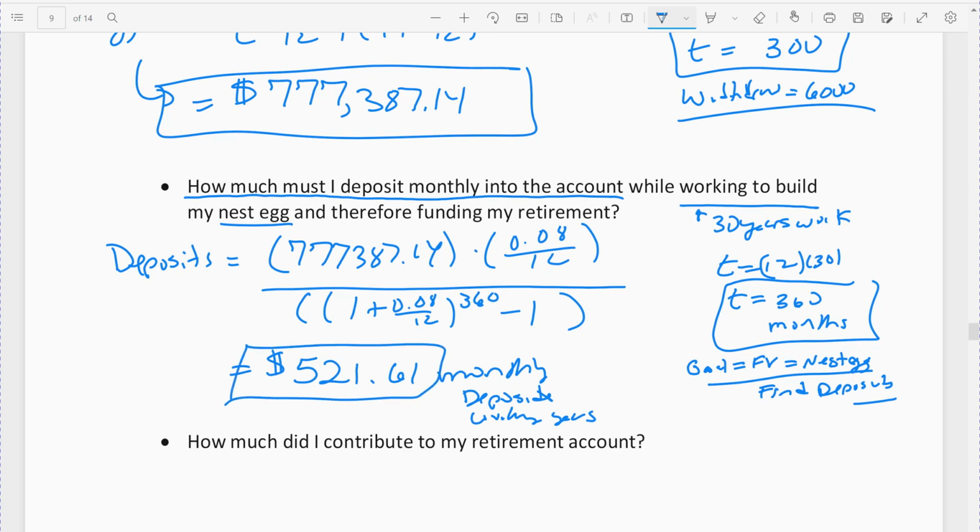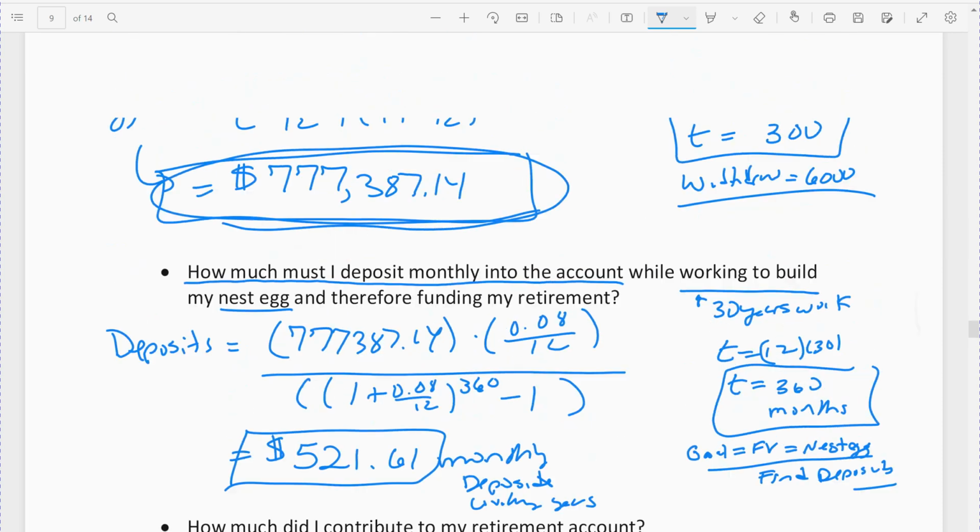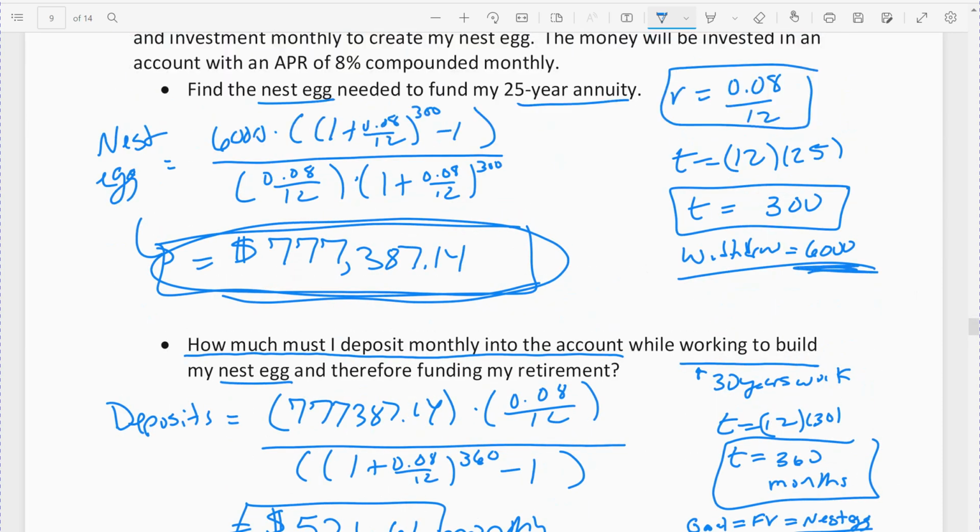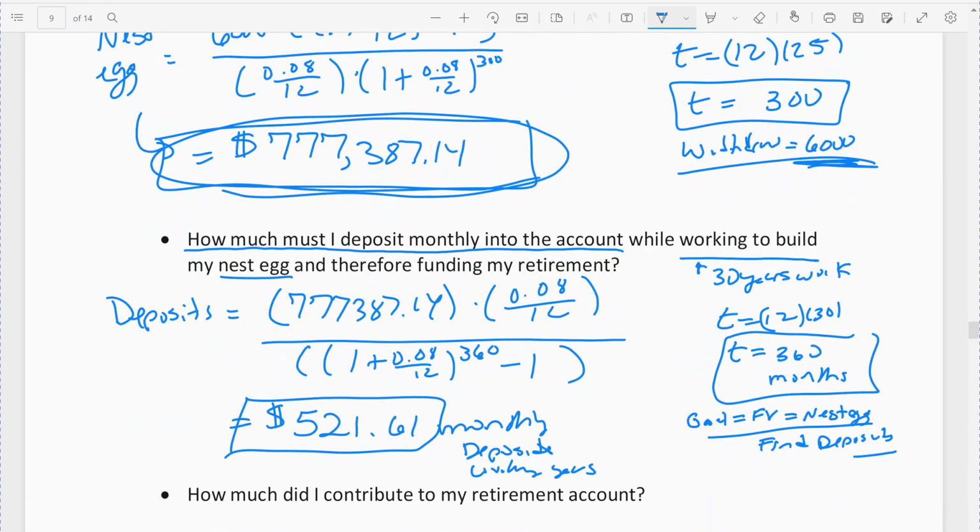So every month for 30 years, I need to deposit $521.61 into this account to accumulate this nest egg so that I can live off of $6,000 a month for 25 years when I retire. All right, that's the setup, that's the goal, the plan.